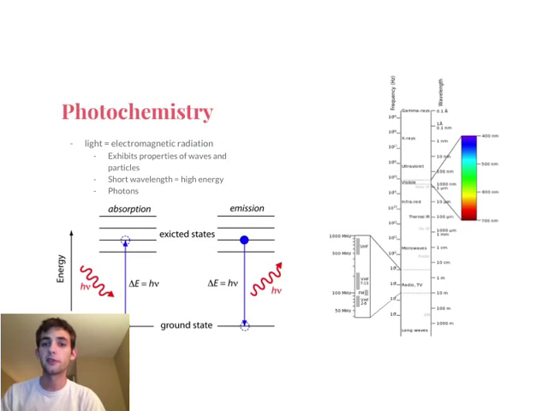So the first part of photosynthesis deals with light and how light is used in photosynthesis, and this is also known as photochemistry. If you remember, light is a form of electromagnetic radiation, and if you look over here, you can see an electromagnetic radiation scale. Light can exhibit two properties: it can act as a wave or a particle.